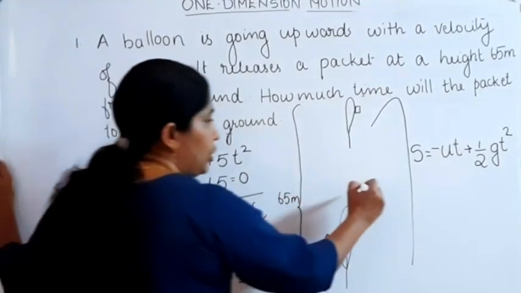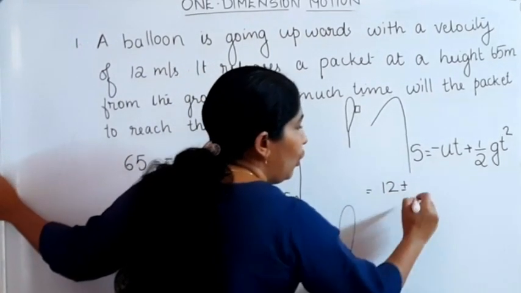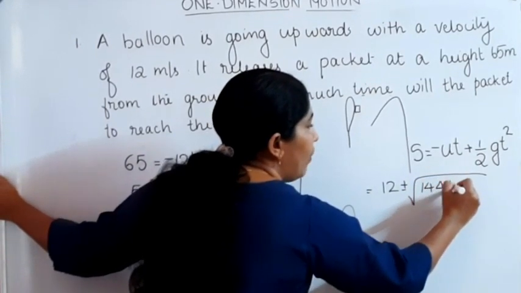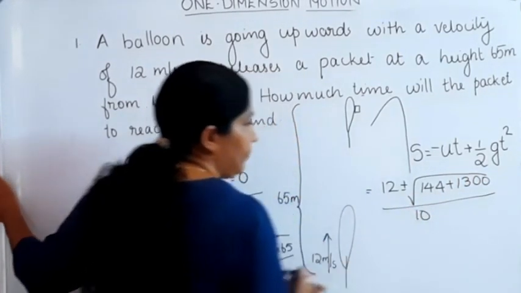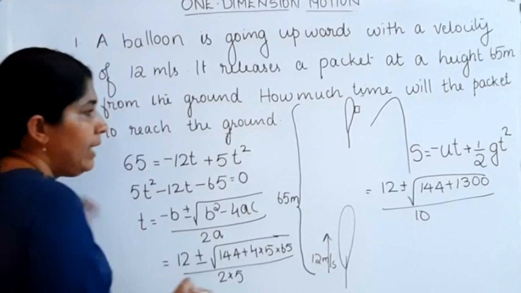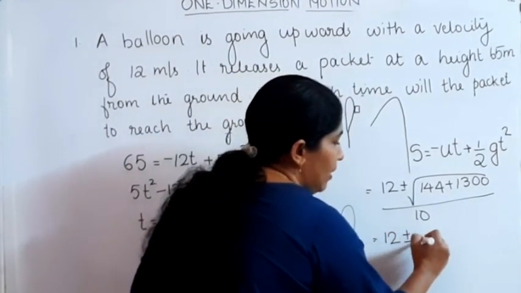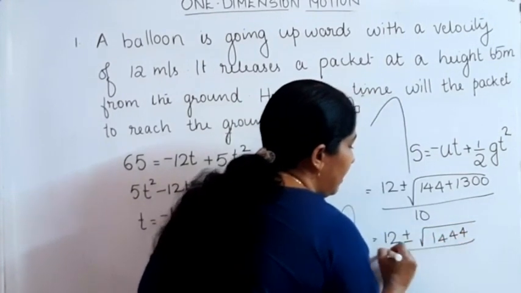That's equal to 12 plus or minus root of 144 plus 1300, divided by 10. That's equal to 12 plus or minus root of 1444, divided by 10.